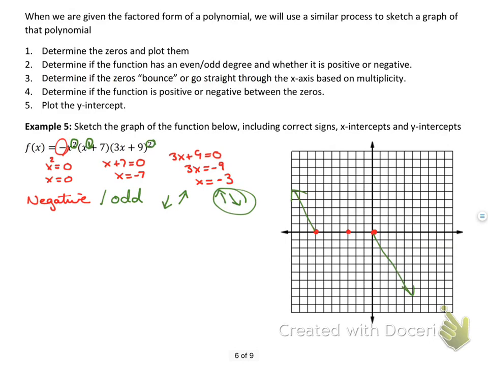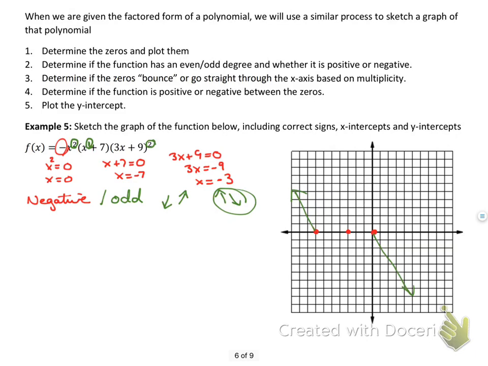Finally, we're going to see where it bounces and where it goes straight through. And we actually already have the y-intercept, because if you plug in 0, you get 0. So the point 0, 0 is a given point, because it's a zero. So let's go ahead and see where it bounces.